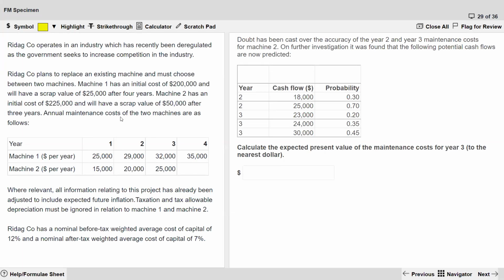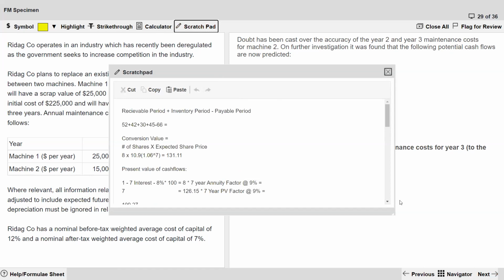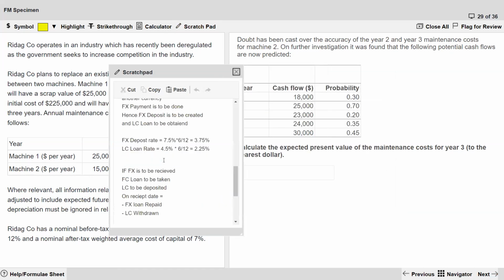It says doubt has been cast over the accuracy of year 2 and 3 maintenance cost for machine 2. On further investigation, it was found that the present value of potential cash flows are now predicted. Year 2 is this, year 3 is this. Calculate the expected present value of maintenance cost for year 3 to the nearest dollar. How exactly are you going to do it? Let's try to see.